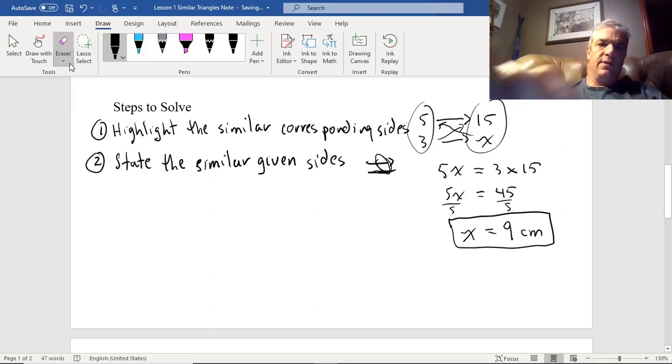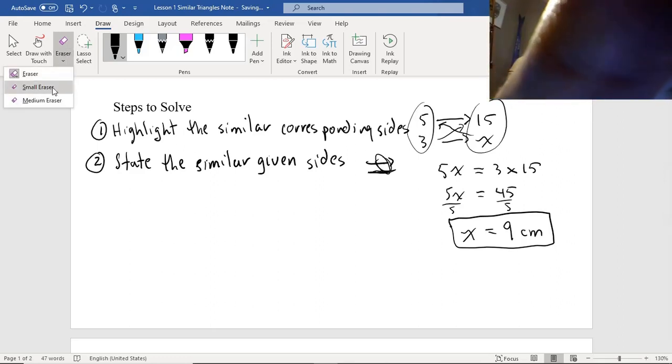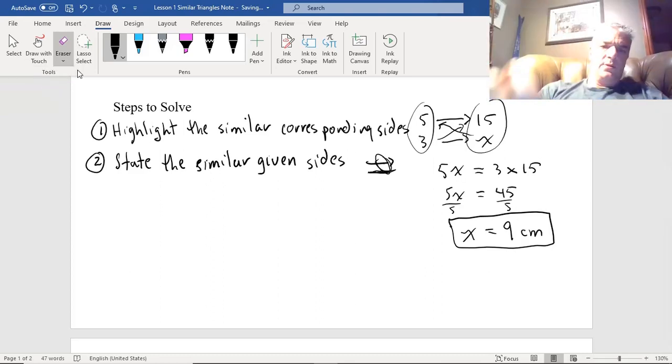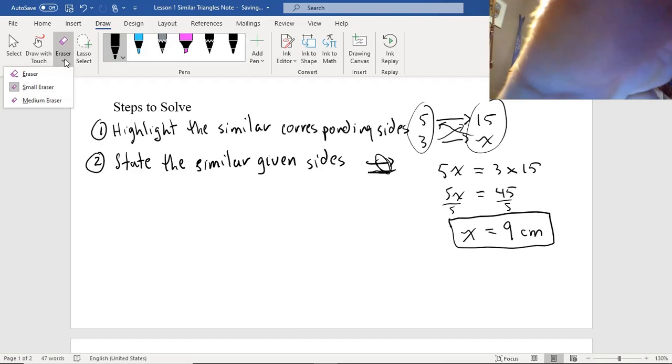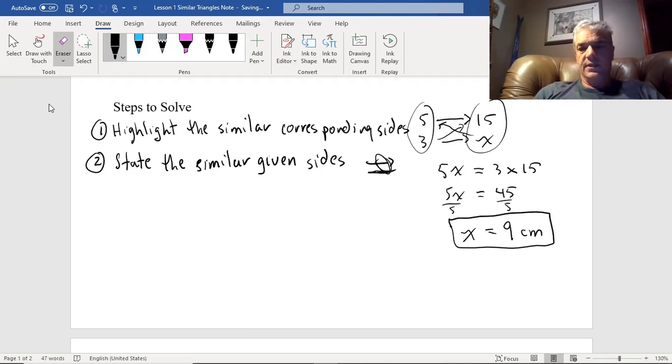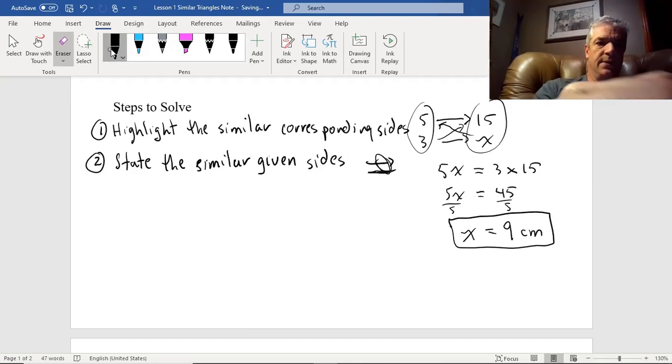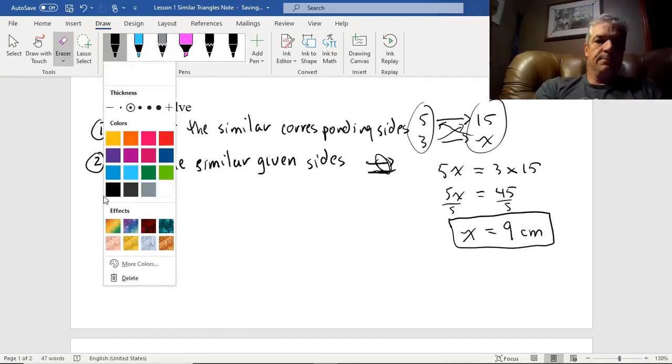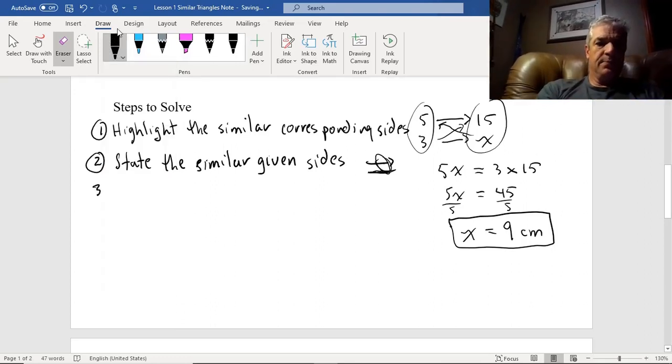So bear with me here, folks. See if I can get this to erase here. Nope. It is not going to do it for me. So just presume that's an arrow there. For some reason, it will not erase for me. So we'll go back here. I'm going to go back to writing.